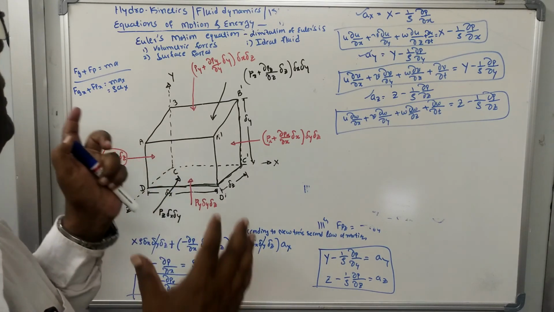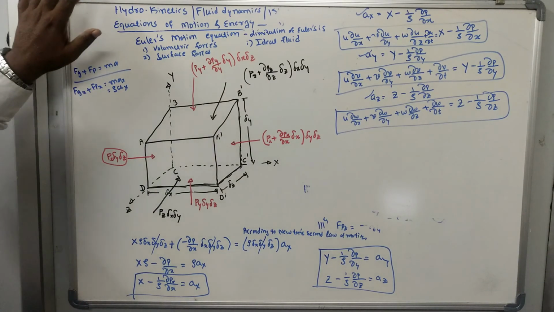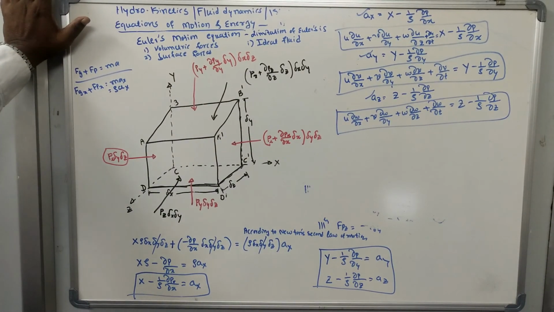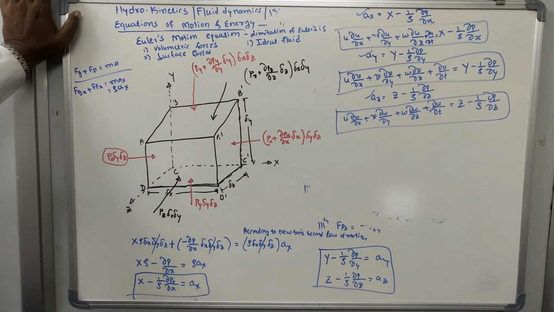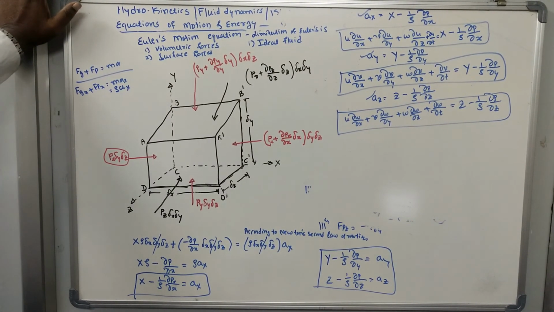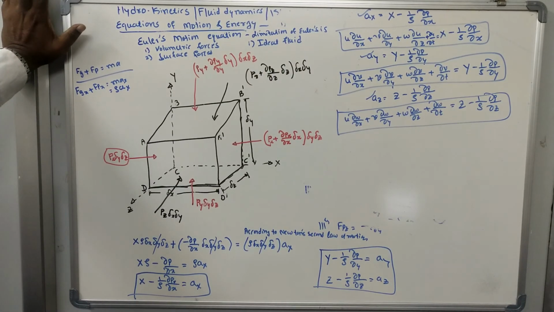Okay, students, this is the derivation of the Euler's motion equation. The limitation of the Euler's motion equation is that it is applicable for ideal fluids, but we also use it to solve practical problems. In the Euler's motion equation, we have considered only two external forces, the gravitational or volumetric forces and the surface forces acting on the surfaces.